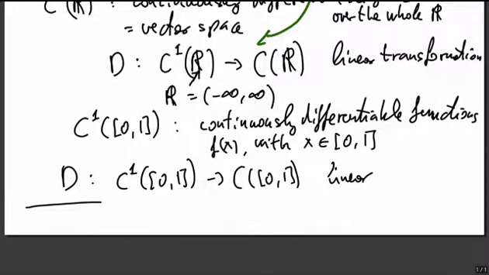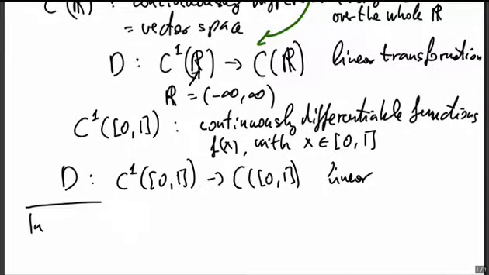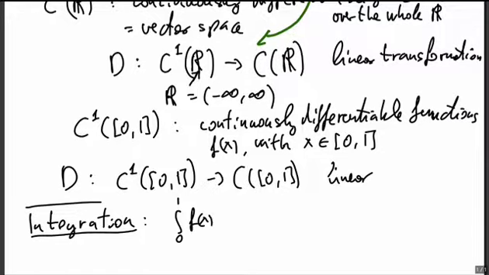Other examples: the opposite of differentiation is integration. So we can have definite or indefinite integral. For indefinite integral, we have this plus c problem that might cause some confusion. Let's just consider definite integral with a specific interval from, for example, 0 to 1, f of x dx.